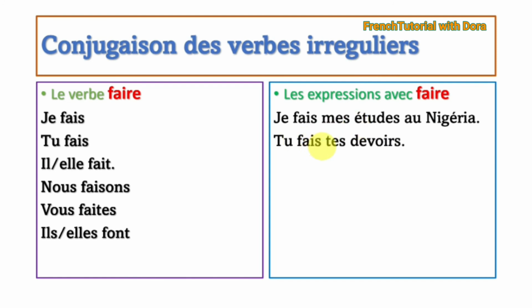Tu fais tes devoirs. You're doing your homework or your assignments. Elle fait la cuisine. She's cooking. Yes, that is the expression when you want to say that someone is cooking, he or she. Il fait la cuisine. Elle fait la cuisine.